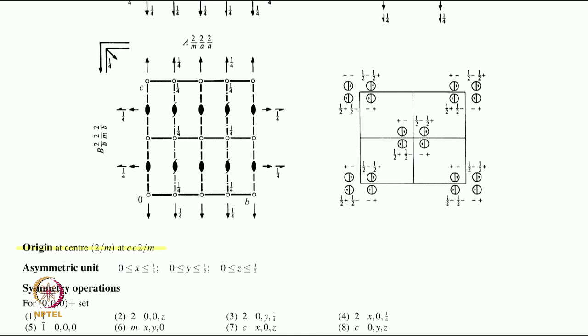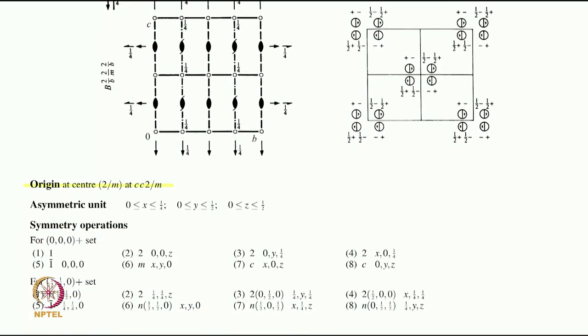The origin statement is very important, because the next items coming are the symmetry operations, and on the next page we will see Wyckoff positions. These Wyckoff position data depend upon our choice of origin. So, origin choice is very important and has to be paid attention to.